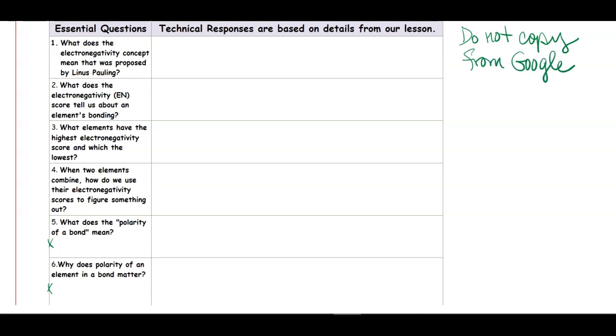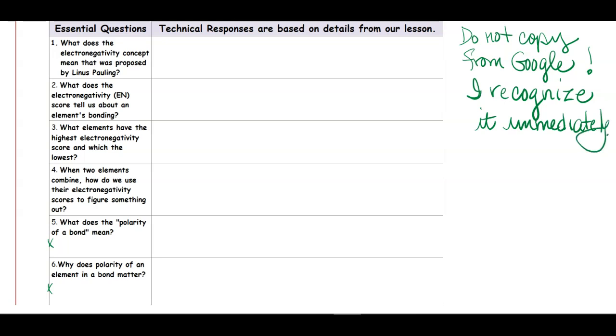And it's always going to be a little more general than what I told you specifically. Do not copy from Google. I recognize it immediately. It's more starched. I recognize it immediately when you do that. I want you to construct your own answer to prove your knowledge, not copy something.